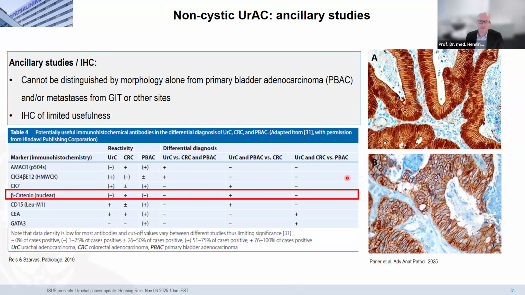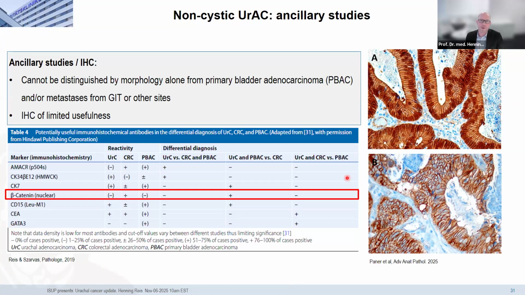So APC mutations, we know this from colorectal cancer, are way more common in colorectal cancer, but can be found also in urachal adenocarcinoma. So you cannot be 100% sure that if you see nuclear reactivity in such a case that it's colorectal carcinoma growing into the bladder.